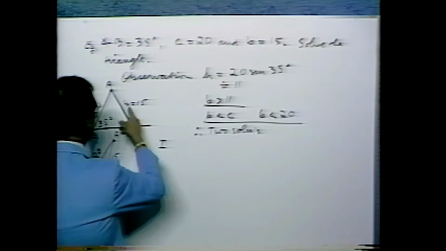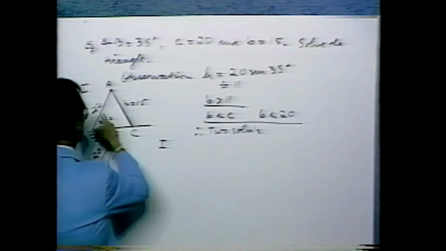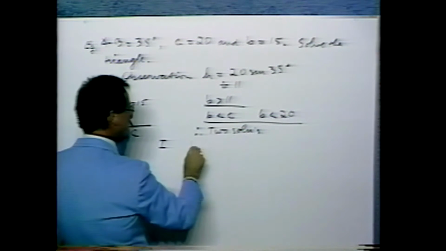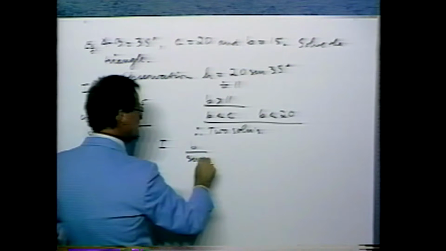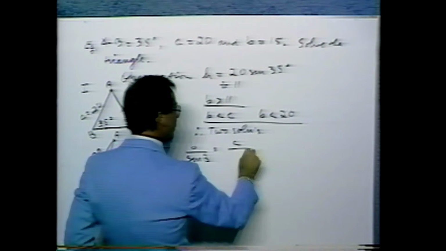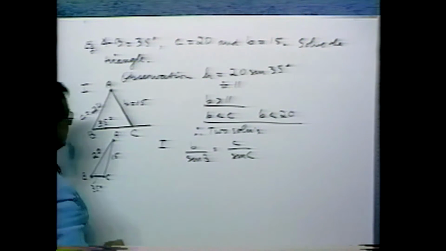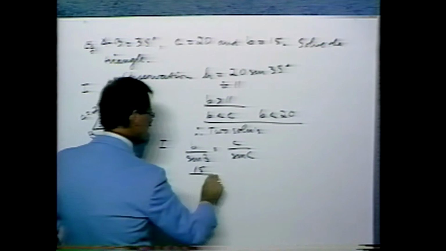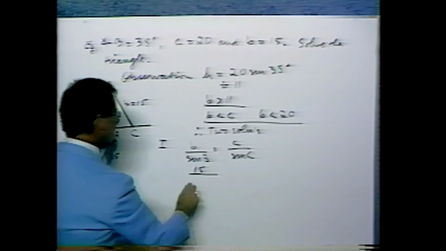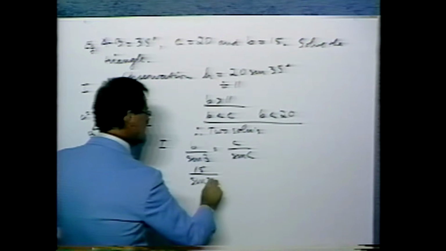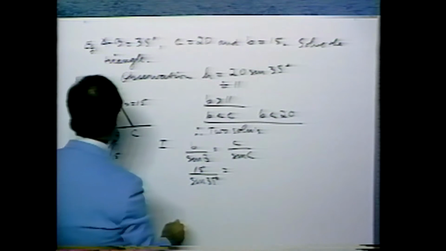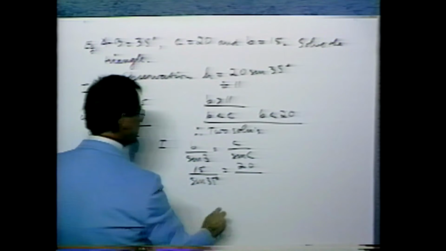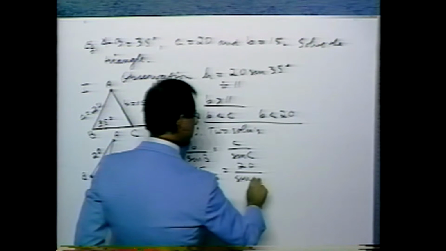So using the sine law and those components, we'll have to use B and C, and therefore write B over sine B equals C over sine C. B is 15. Sine 35 over sine 35 degrees is equal to 20 over the sine of C, which is not known.